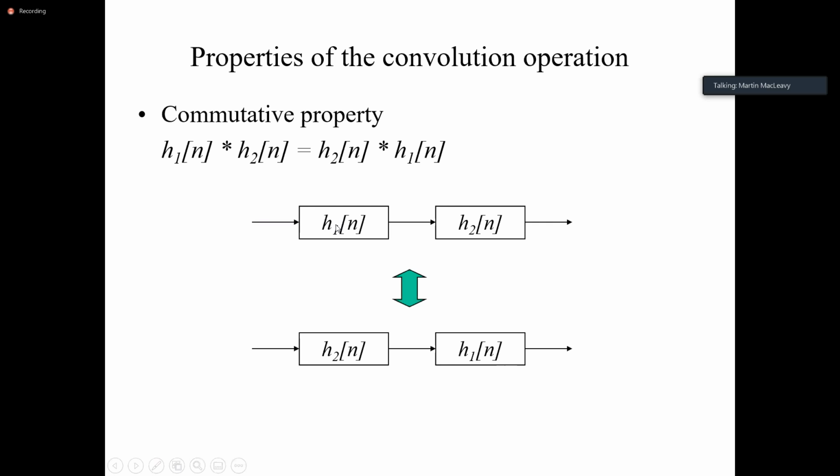If you have one individual system first, followed by another one, then they can commute, right? They're commutative. So you can have H2 of n before H1 of n.